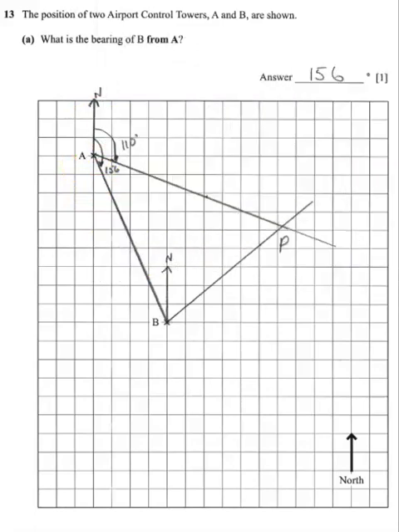You measure clockwise. So it has to be clockwise to measure the bearing. And that's basically it. So it's 156 for question 13A.